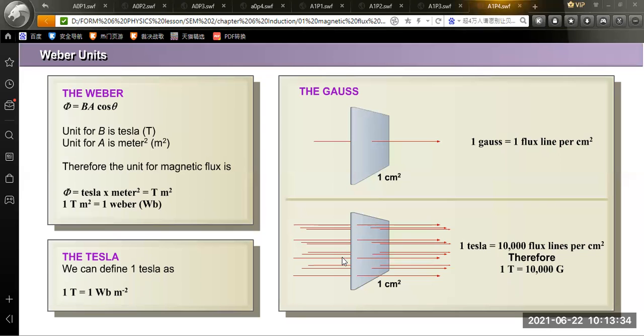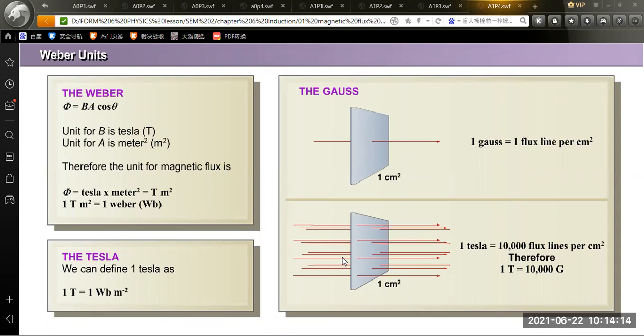So 1 Tesla means 10,000 flux lines per cm square. 1 Tesla is equal to 1 Weber per meter square, or 10,000 Weber per cm square.